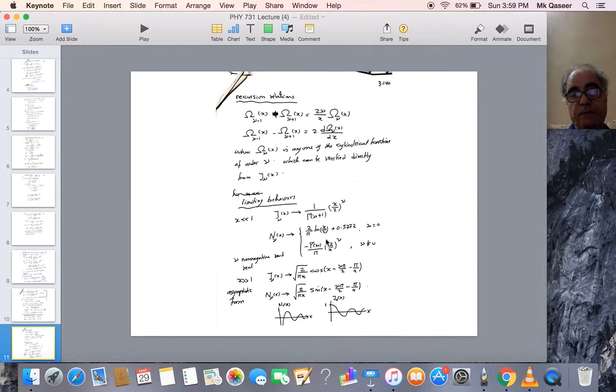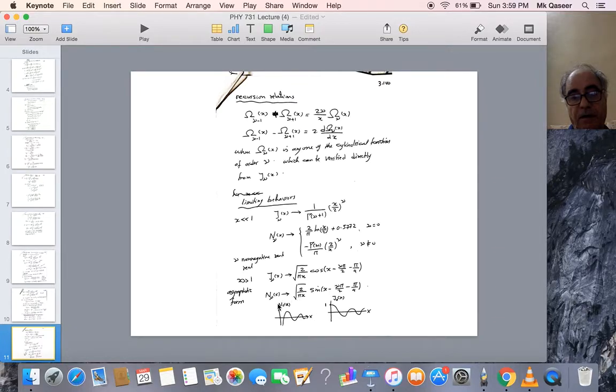For n, it's given by this, where nu equals 0, and this is the expression for nu not equal to 0. n is non-negative in this case. Now for large arguments of j sub nu, we get this expression. This we call asymptotic behavior, and for n sub nu it is this.